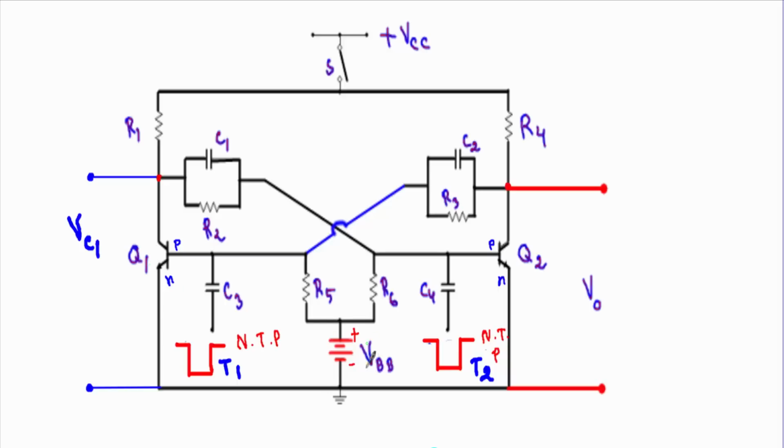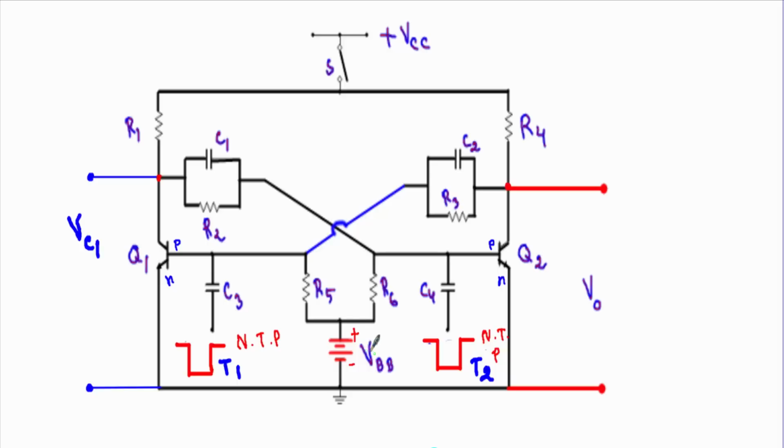That means this VBB is trying to drive the base to emitter junction into forward bias, but this transistor will not be in on state unless we supply this plus VCC. The positive terminal is also connected with the p-type base of transistor Q2, and the negative terminal is connected with the n-type emitter of transistor Q2.